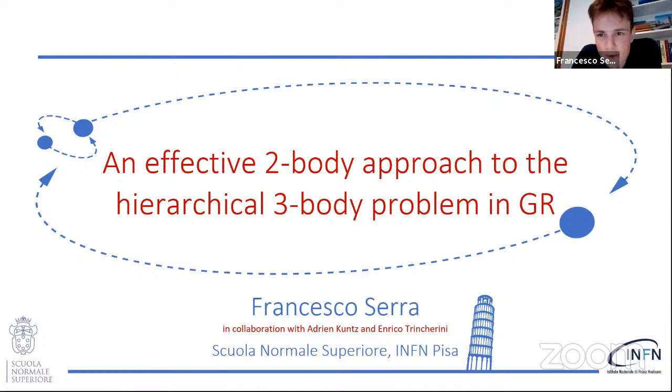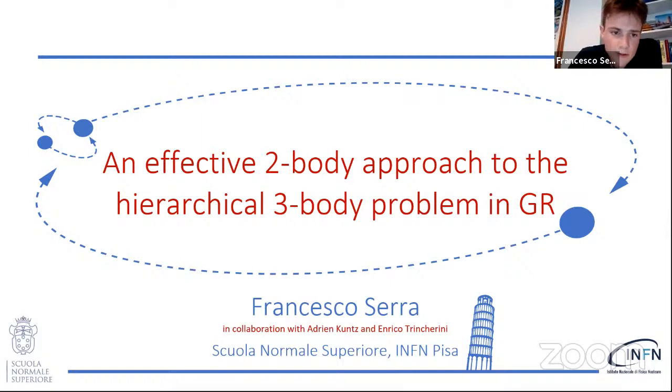Well, I'm going to tell you about this quite ancient problem of the three-body problem in gravity, but also about how we can study this problem with more modern ideas from effective field theories.